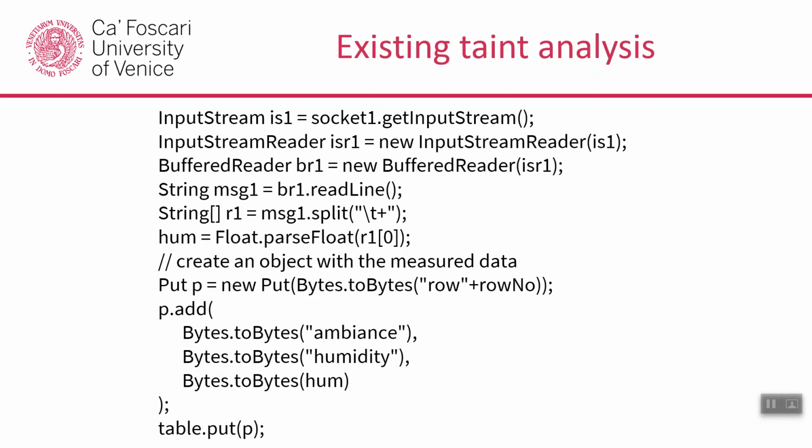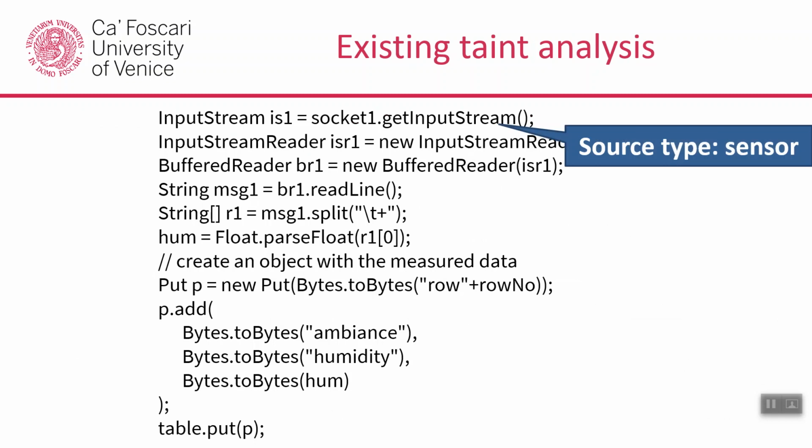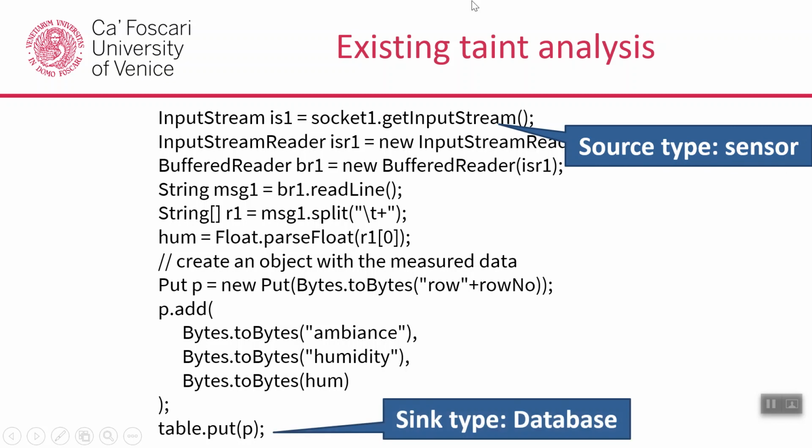As we have seen, with the existing taint analysis we can define a given source type. So let's say that we know that through this socket we have a source of type sensor. We can also specify in Julia's taint analysis that we have different sink types. In particular, the parameter passed to the put is a sink of type database.